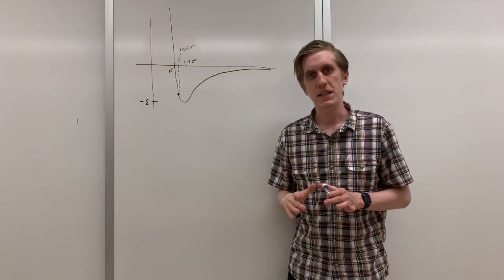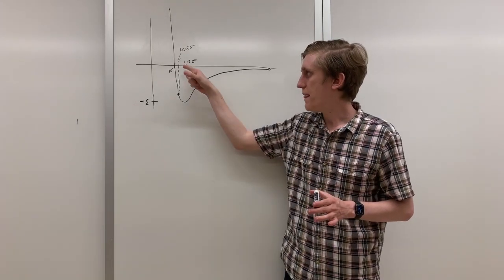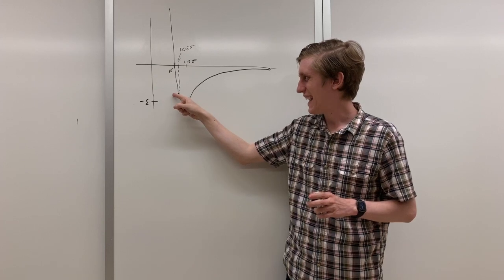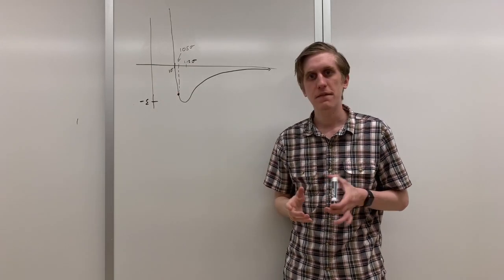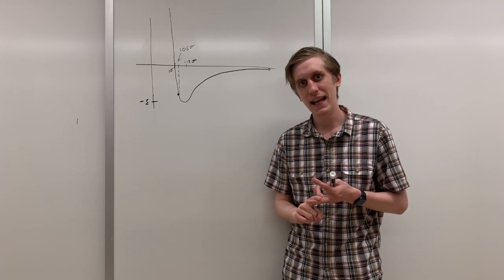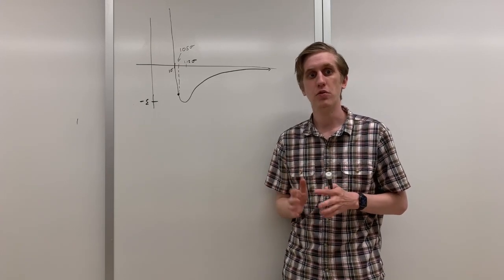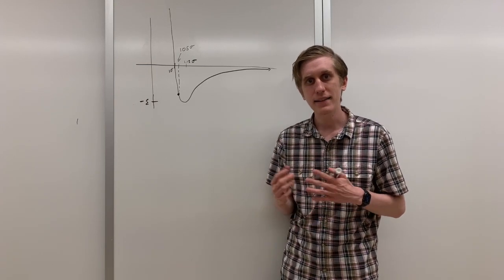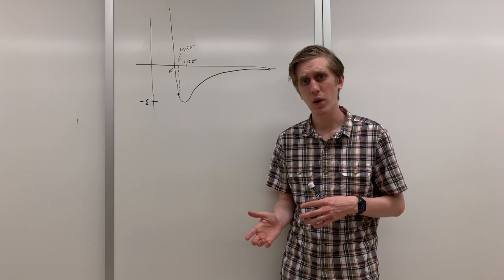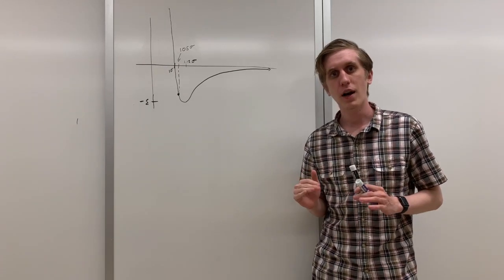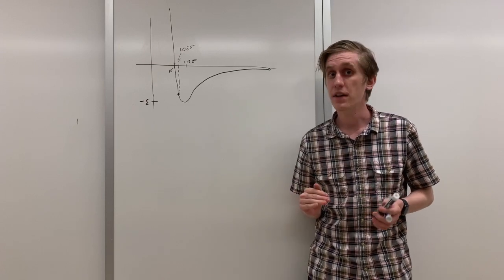The Lennard-Jones potential tells us that at this distance, the potential energy between the particles is right here, roughly negative 0.8 epsilon. So we know the potential energy and kinetic energy at this point, so we also know the total energy. It's just the two added up. But of course, because the kinetic energy is 0, the total energy is just equal to the potential energy. Let's draw in a dotted line to represent the total energy.